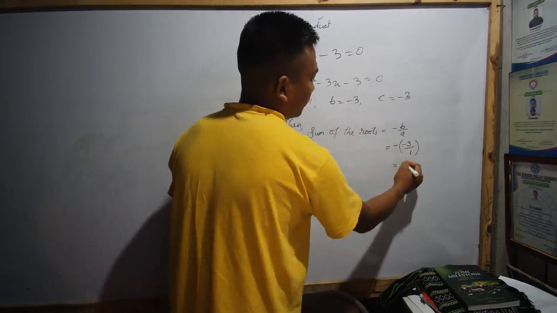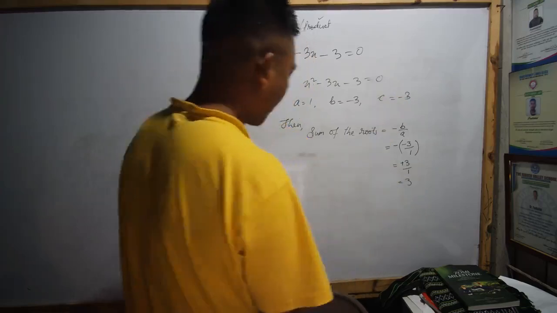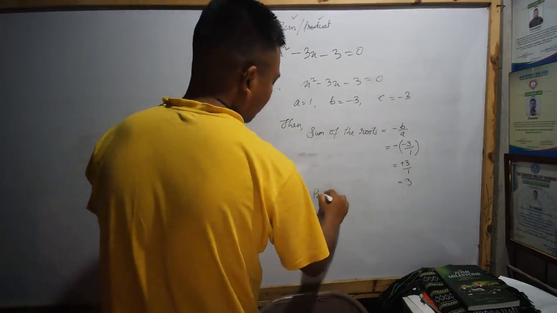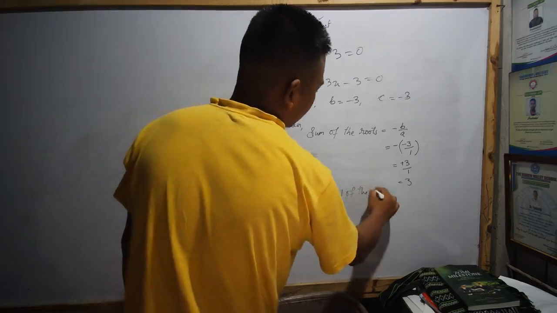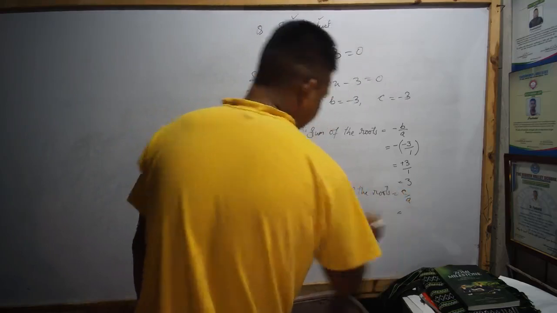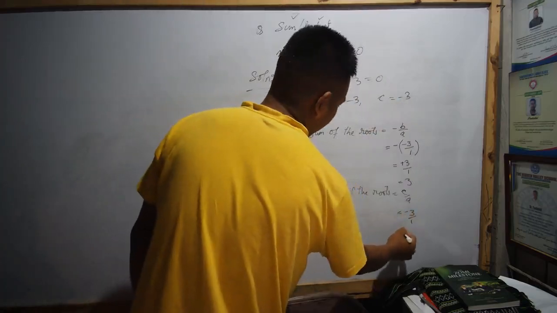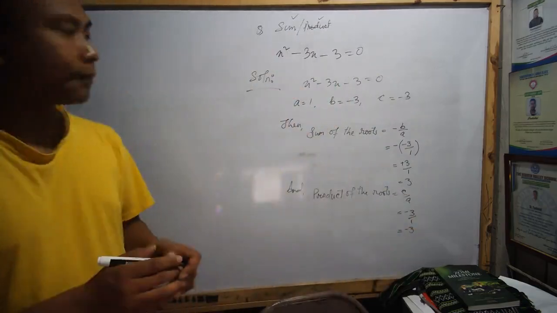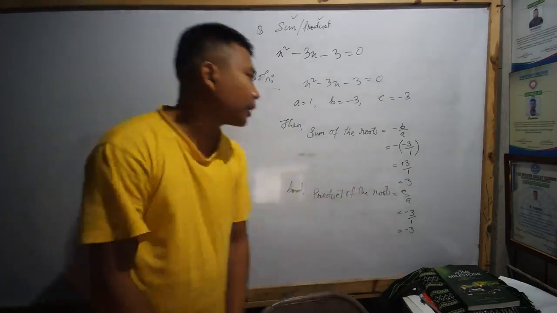That means it will be plus 3 by 1. It will give you 3. And product of the roots is c by a, which is minus 3 divided by 1. So your answer will be minus 3. The sum of the roots is 3, product of the roots will be minus 3.